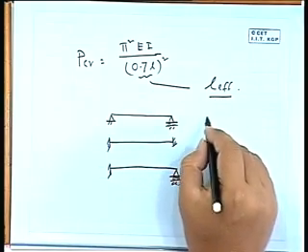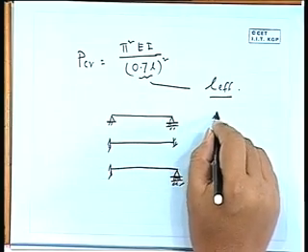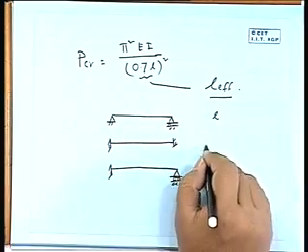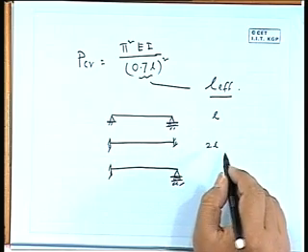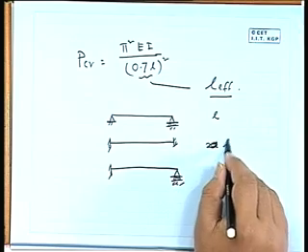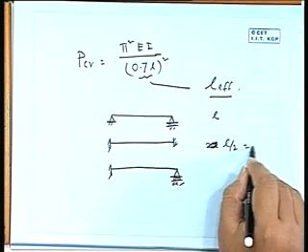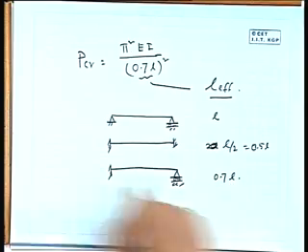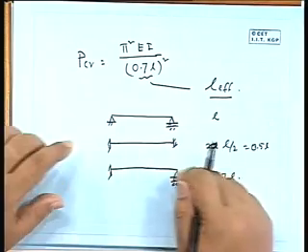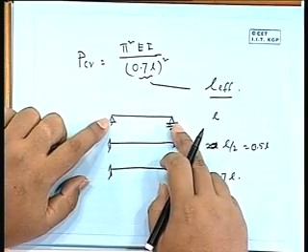Now you come to the different cases. Here L effective equal to how much? L. This is 2L, not 2L. It was L by 2, or we can say 0.5 L. This is how much? 0.7 L. Now here it is hinge.